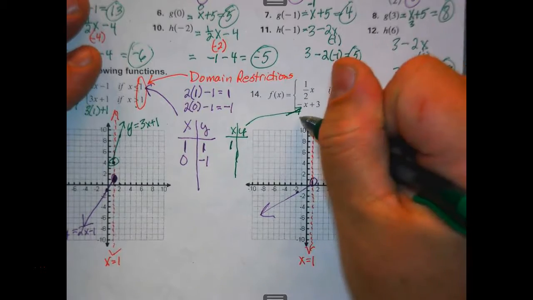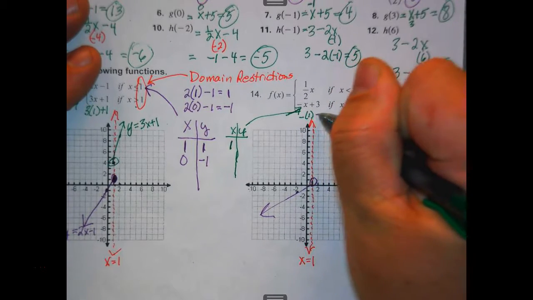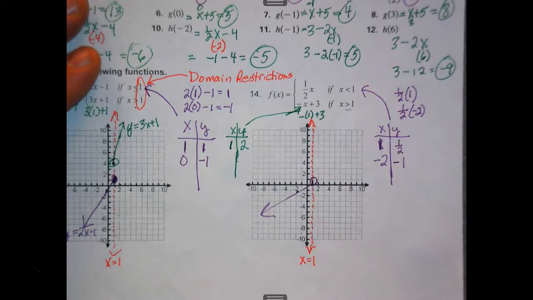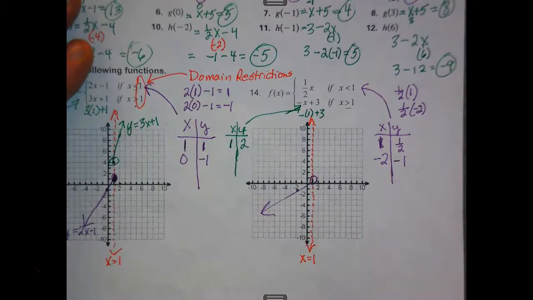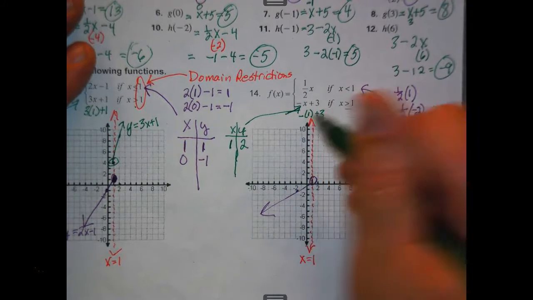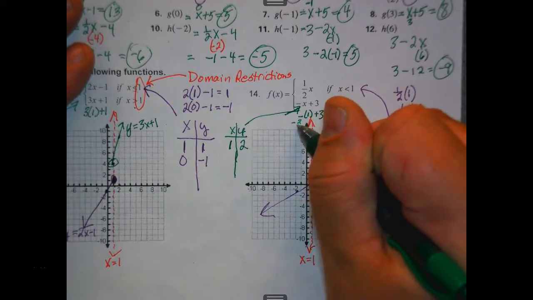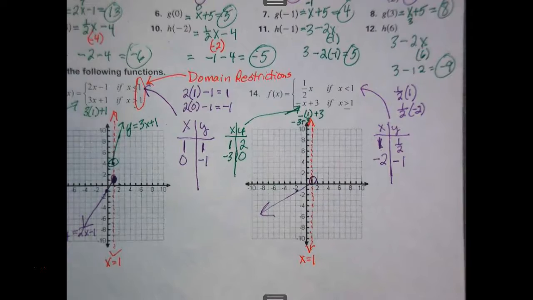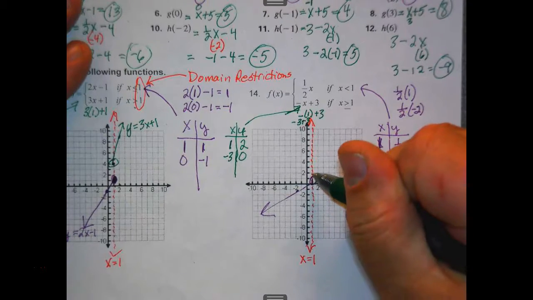So I have negative 1 plus 3 gives me positive 2. Now I need a number greater than 1. 3. Negative 3 plus 3, 0. So I have 1 comma 2.